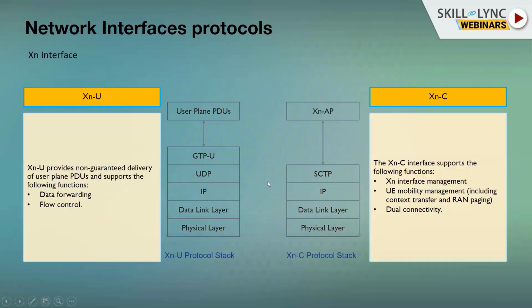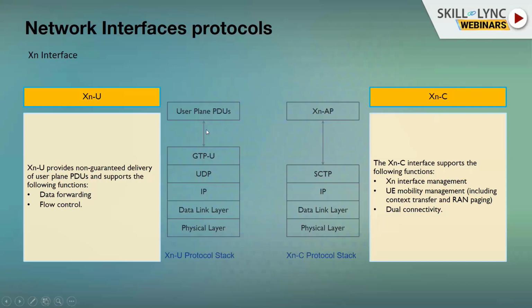In this slide, the interface allowing to interconnect two gNodeBs, or one gNodeB and one ng-eNodeB, with each other is referred to as the Xn interface. We have the Xn user plane or Xn-U, and the Xn-C or Xn control plane.